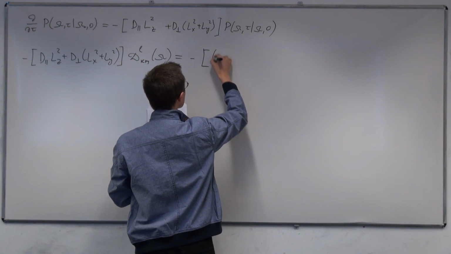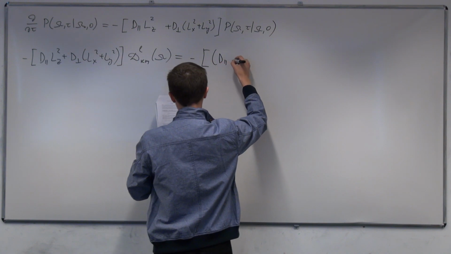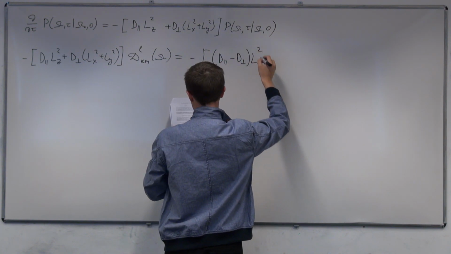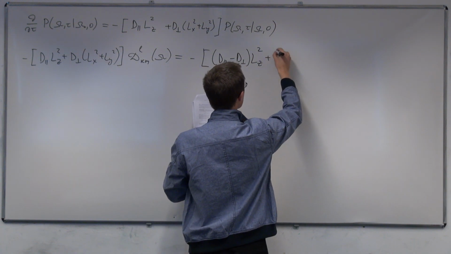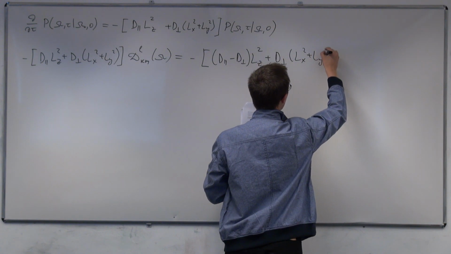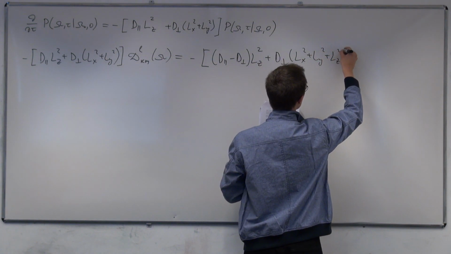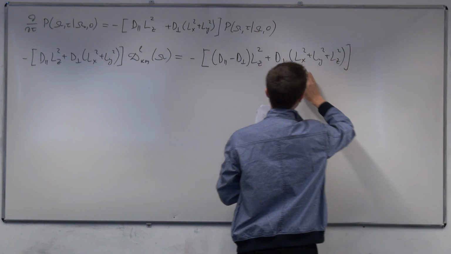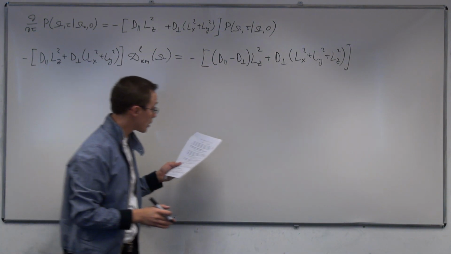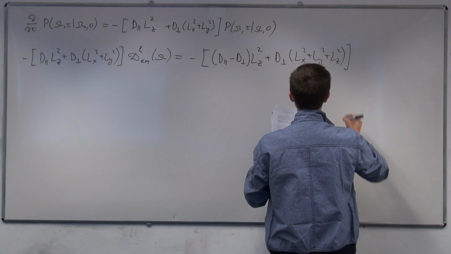We'll get minus (D parallel minus D perpendicular) Lz squared plus D perpendicular (Lx squared plus Ly squared plus Lz squared). So now we've got the L squared in here and just the Lz in there, and so we can actually act on a Wigner function now.